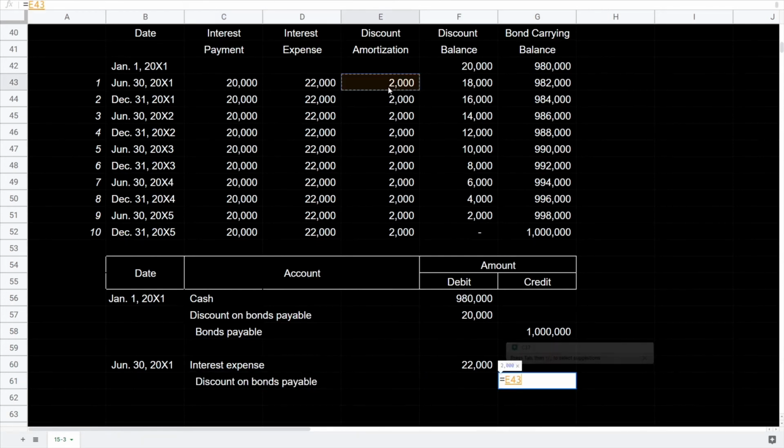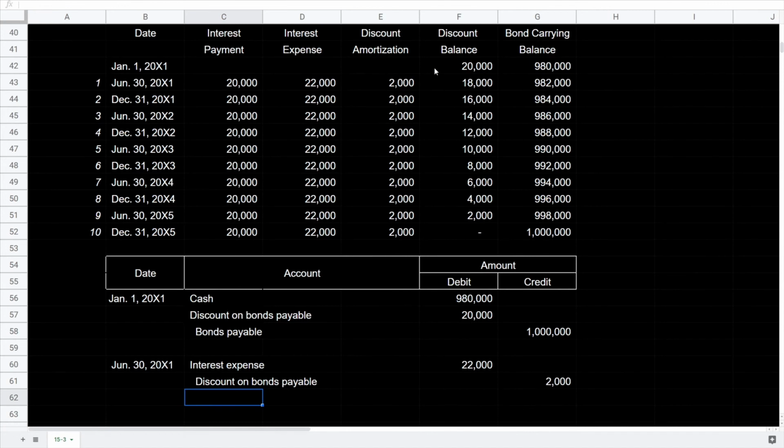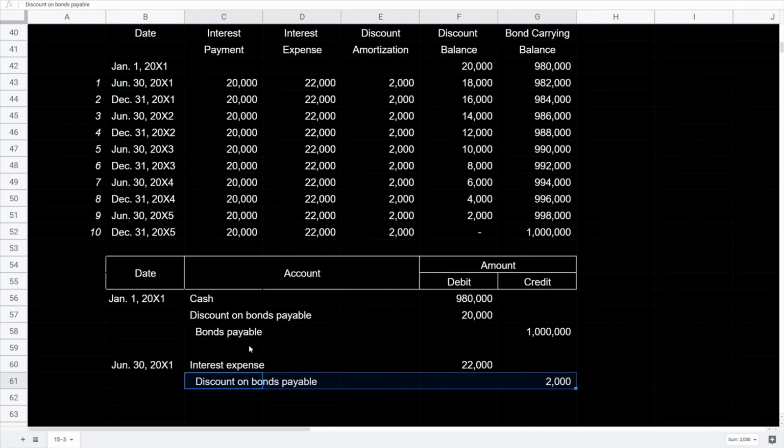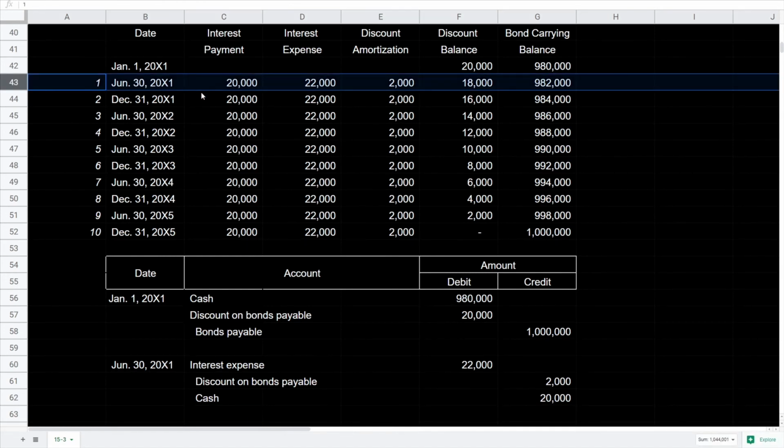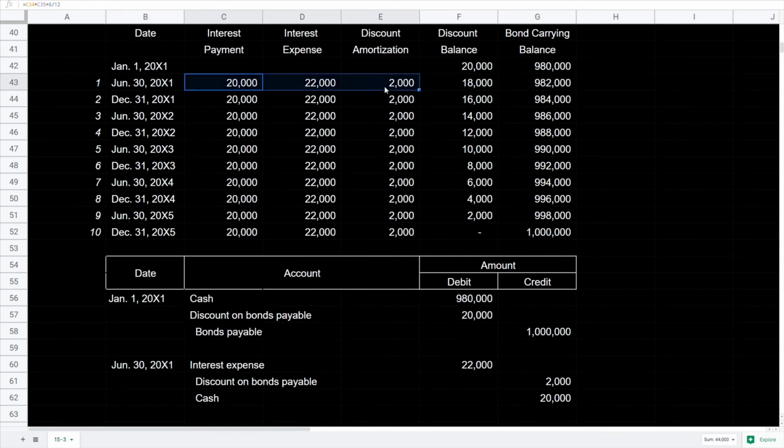The discount on bonds payable is a normal debit balance. In order to reduce it, we reduce it with a credit. Finally, the other portion of this interest expense was paid out in cash. And that was this payment right here in period 1, $20,000. You can probably see that I just took these three numbers here that are highlighted right off of the table to help me complete the journal entry.